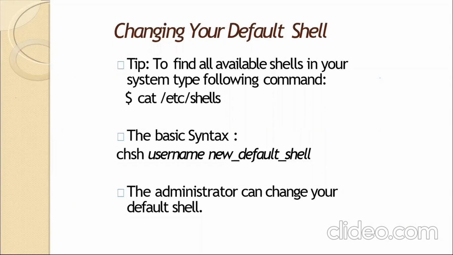So using cat on /etc/shells, where etc is a directory and shells is the file in it, it will give all the shells available in your system. The basic syntax is chsh, then the username, then the new default shell. It specifies the default shell you are working in. The administrator can change your default shell. By default the shell is the Bourne shell.